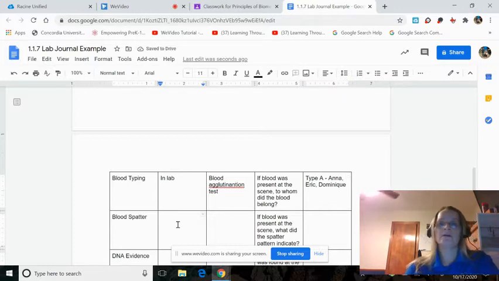The blood spatter, that would have been in the lab. And we did the spatter analysis, or we would have.